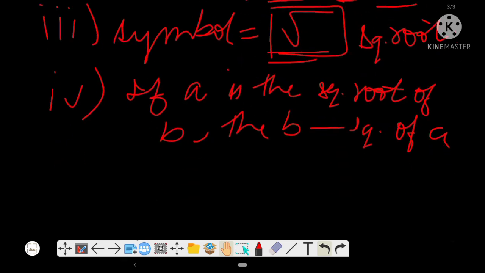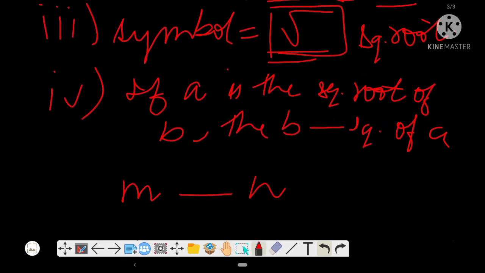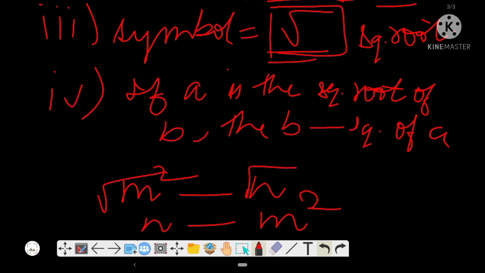That is, if m is the square root of n, then n is the square of m. Right? So up till here, everything about square roots and Pythagorean triplet is clear.